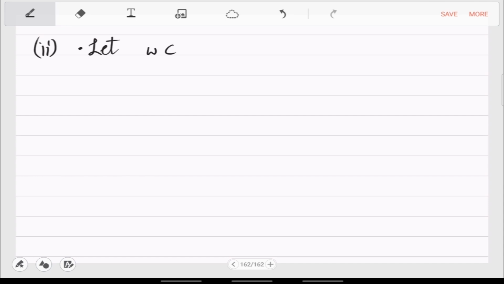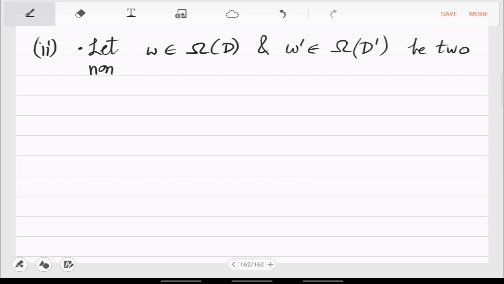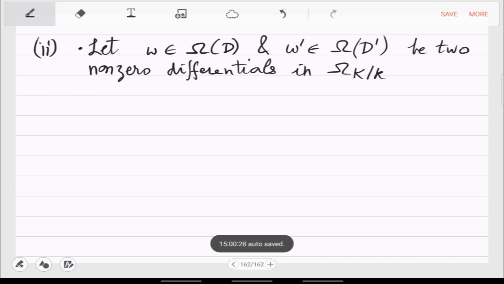So, let us pick two differentials from two arbitrary divisors, D and D prime, in omega big K over small k.